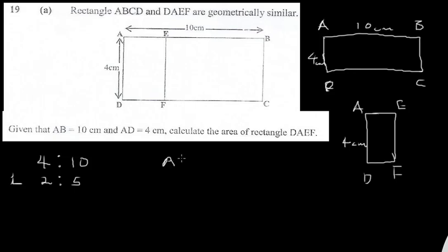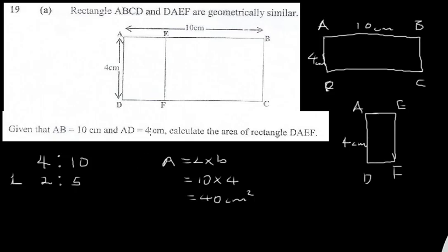Area of a rectangle is simply given by length multiplied by the width or the breadth, or let's call it B. So what is the length that we have for the larger rectangle? We have 10 multiplied by the breadth, which is 4, and this gives us 40 centimeters squared, right?